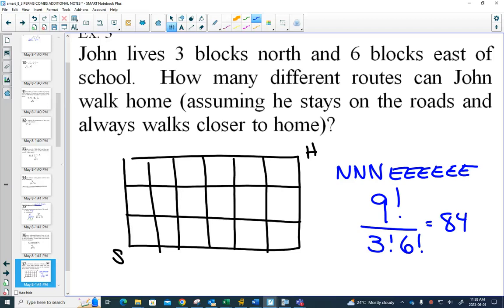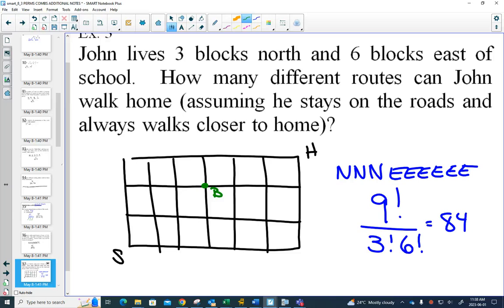But if there was a situation, okay, we're going to add a situation here. We're going to add a situation right here. That's Betty's house. And now something's happened, and every time that John walks home from school, he always walks by Betty's house.